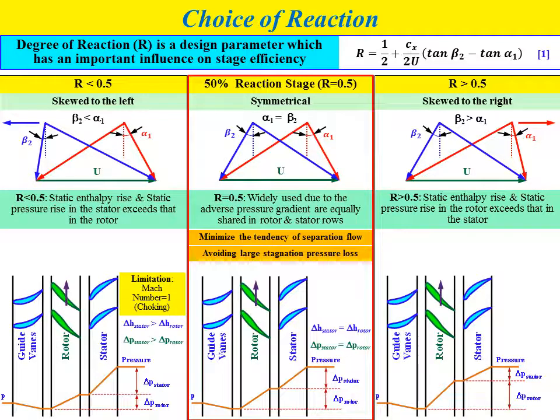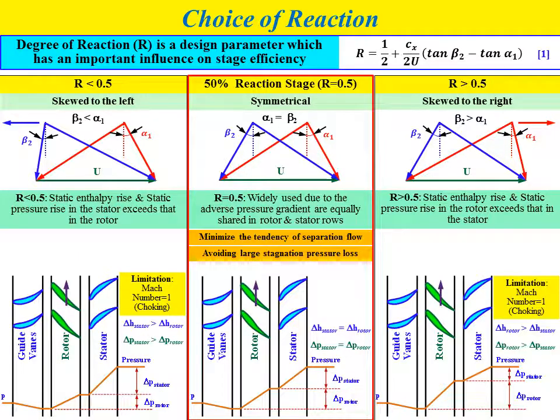If you look at the pressure profile in the schematic diagram for R greater than 0.5, clearly you can see that the static pressure difference in the rotor is higher than in the stator, and the static enthalpy difference in the rotor is also higher than in the stator.